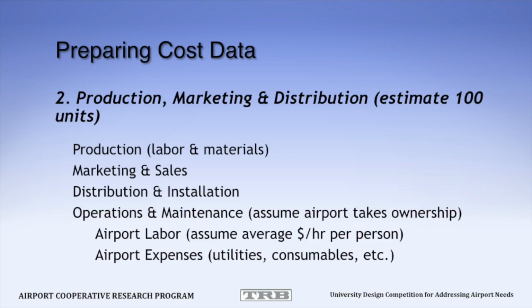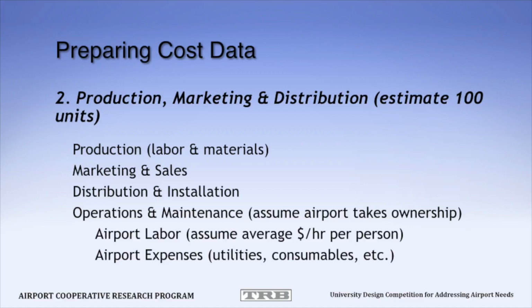pre-production effort. As far as production, marketing, and distribution, so you've developed a beta model, and now there's been some acceptance of the unit. What is it going to cost to bring the unit to market? So there you might want to look at what you would suspect it would take to manufacture your product, sales, installation, your assembly cost per unit.